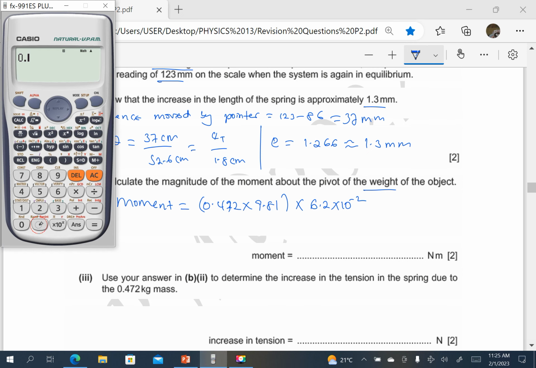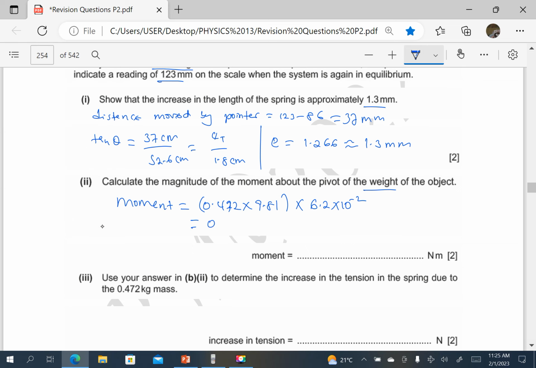So 0.472 times 9.81, that is the weight, then times 6.2 times 10 to the negative 2, which gives us 0.287, which is approximately 0.29.